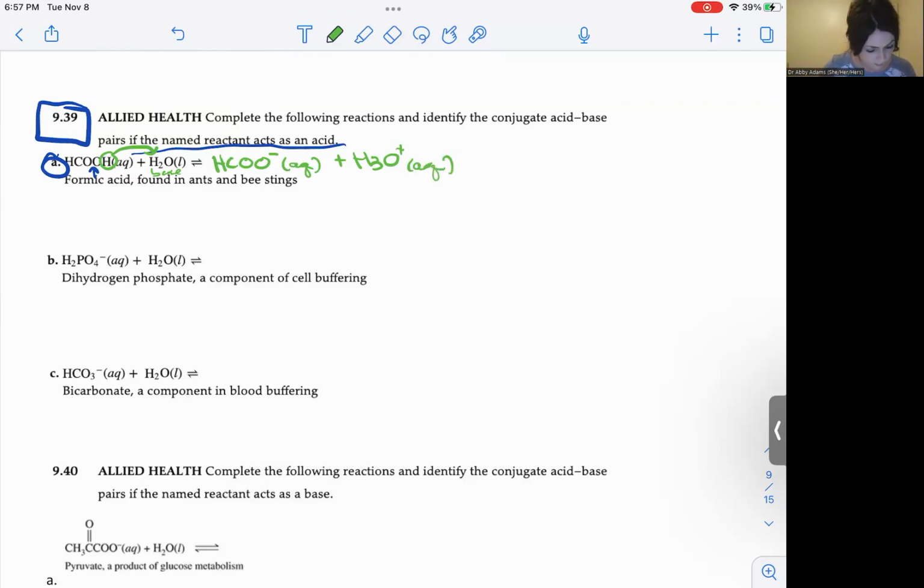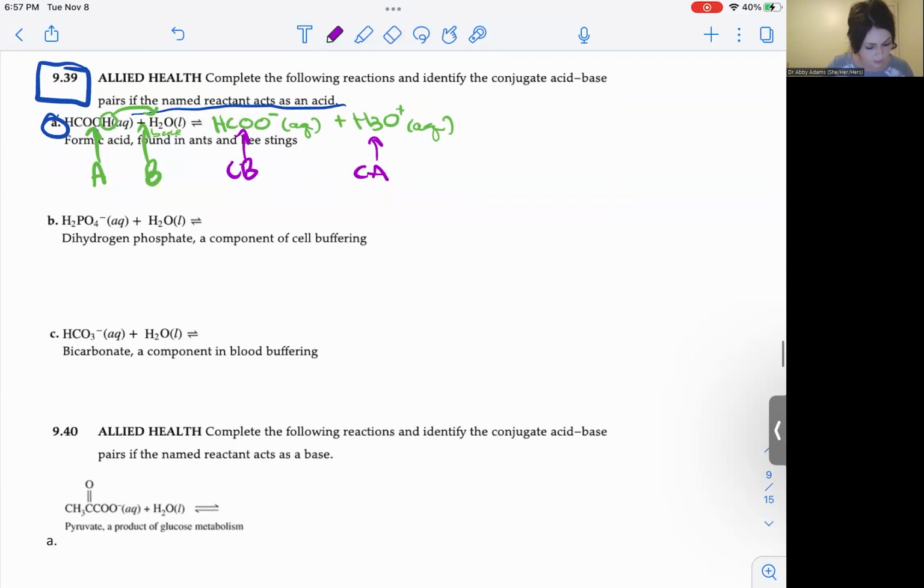And that's it, except we need to identify everything. So this is your acid, this is your base, and on the other side, this is your conjugate base. This is what has happened to the acid, and this is your conjugate acid, after the base has been affected by picking up that proton.